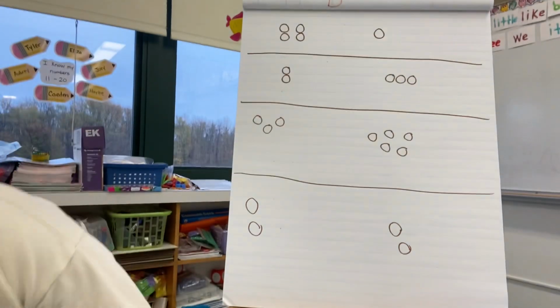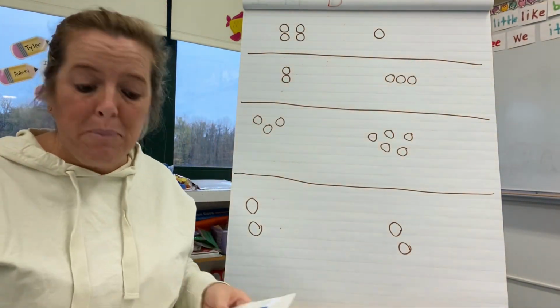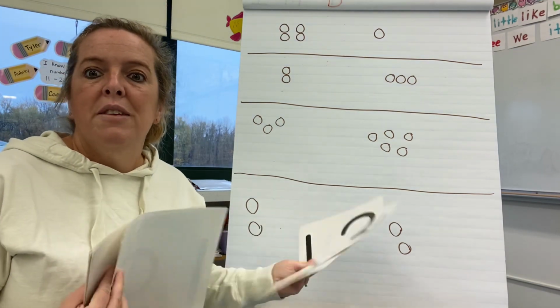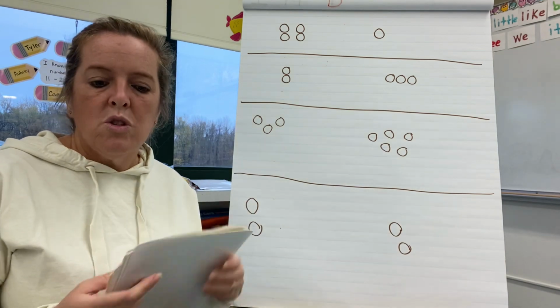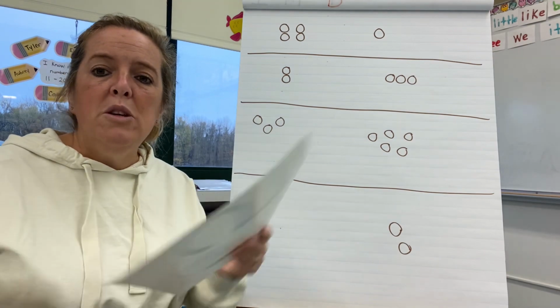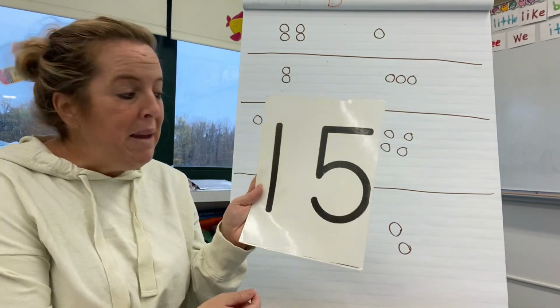But the majority of my friends are ready to go on to other numbers. So we have right here the numbers from 11 to 20. So I just want to show you what these mean. When you see these numbers, they're called teen numbers. What they mean is there's already a 10 here.